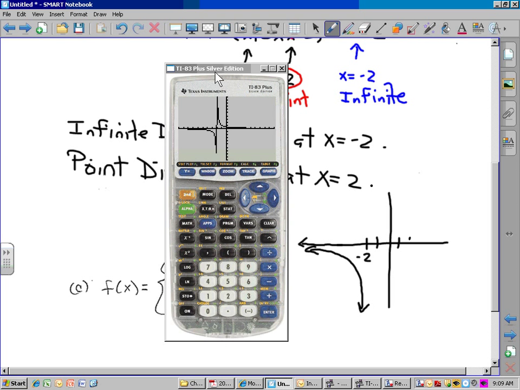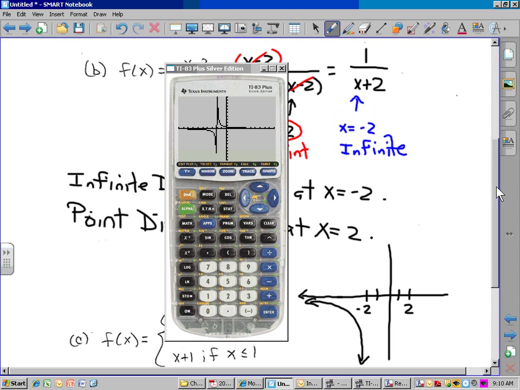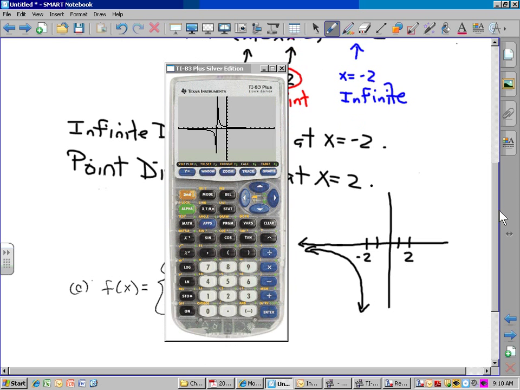And at 2, if we plug 2 back in, we get 1/4, so at 2, 1/4 we have a hole. So here we have, graph comes down, and keeps going.